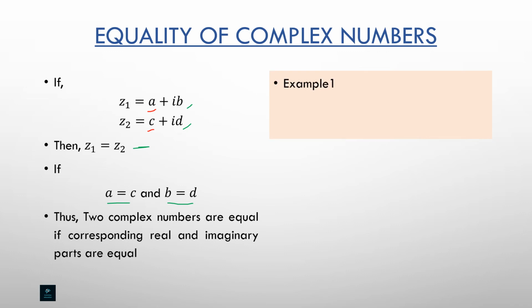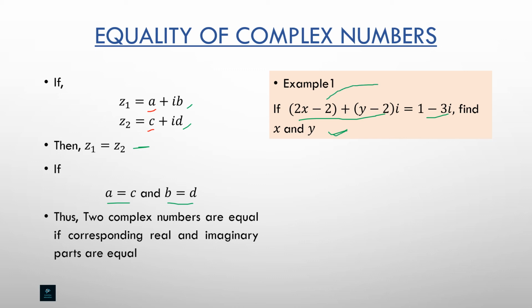For example, if the complex number 2x minus 2 plus y minus 2i is equal to 1 minus 3i, we are required to find the values of x and y. So we equate the real components and the imaginary components.